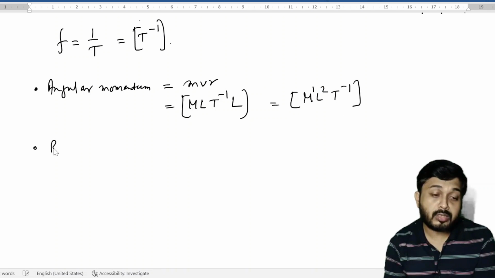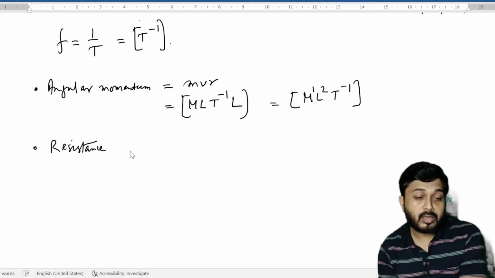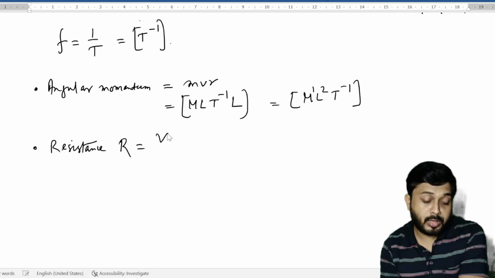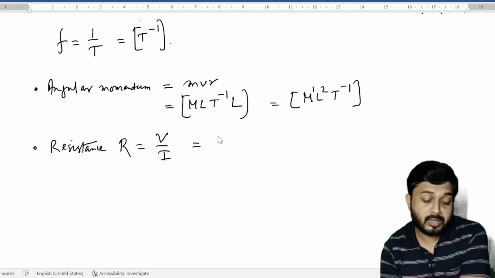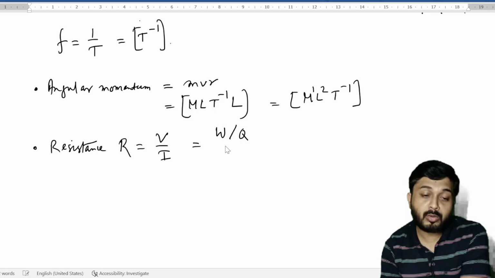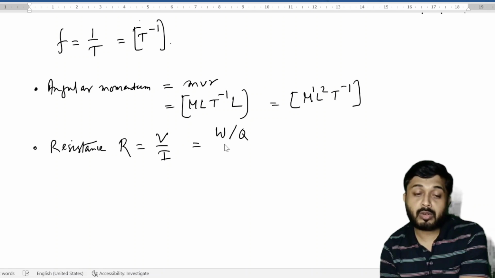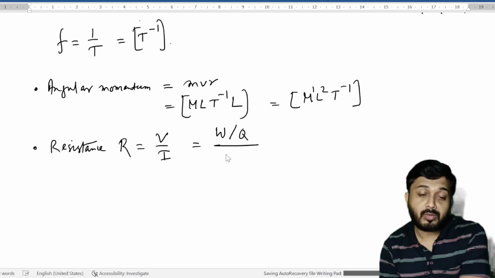Next we come to resistance, another thing which you had done in current electricity. Resistance R is equal to V by I, potential difference by electric current. What is potential difference? Potential difference V is equal to W divided by Q, work done per unit charge. And what is current?